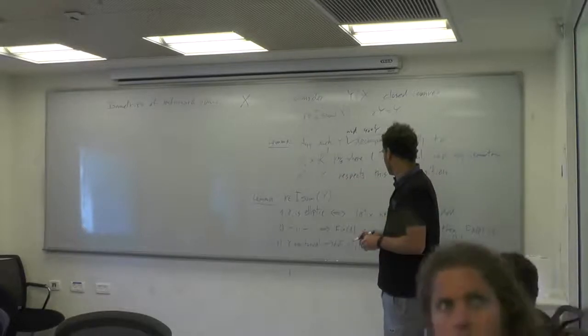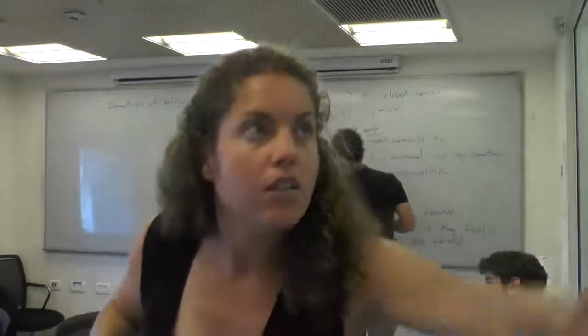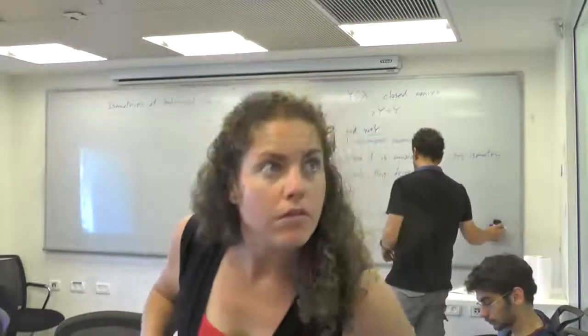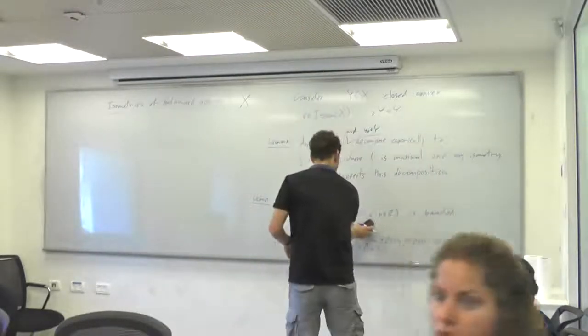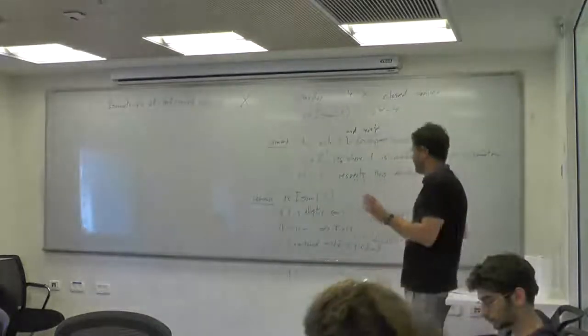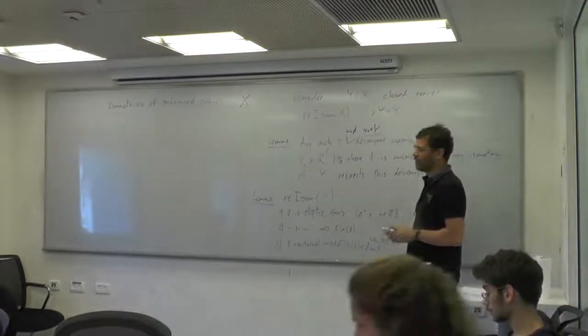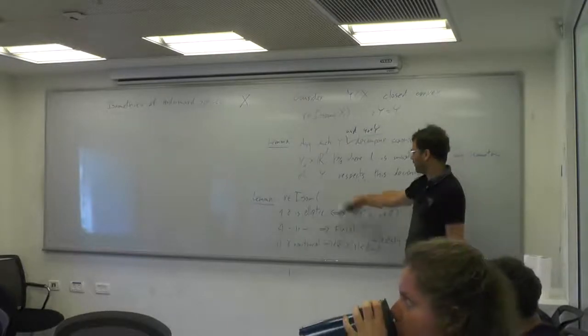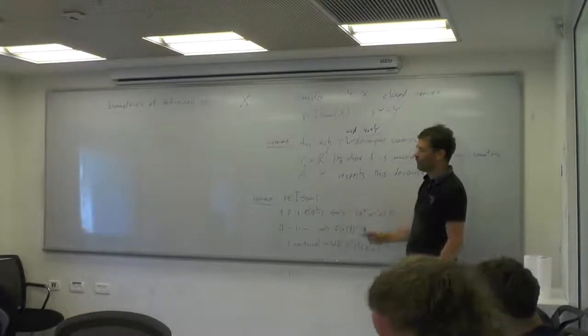Actually, let's still take isometries of X. Forget about Y. In this lemma, we don't need Y, and later we will. This lemma is about elliptic isometries of X.